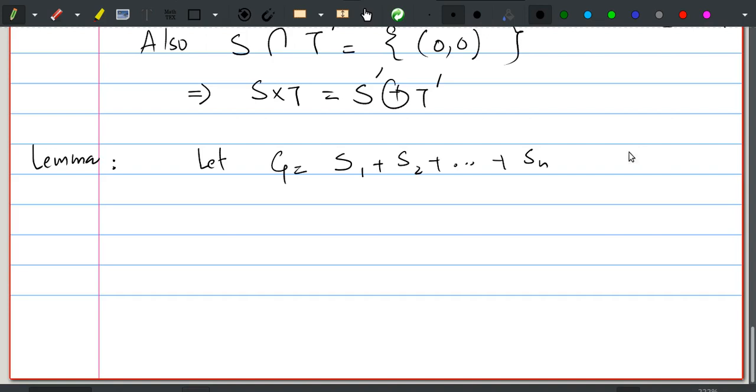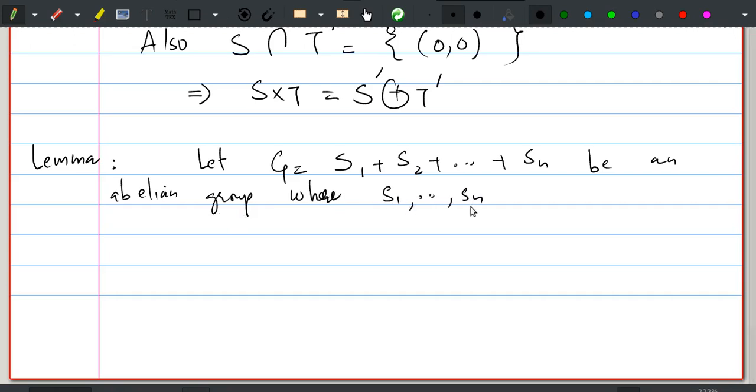G is given to be an abelian group, where S1 through Sn are subgroups of G.